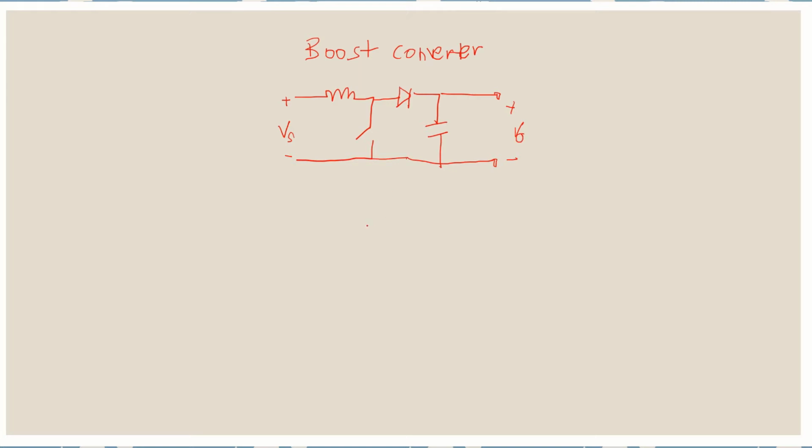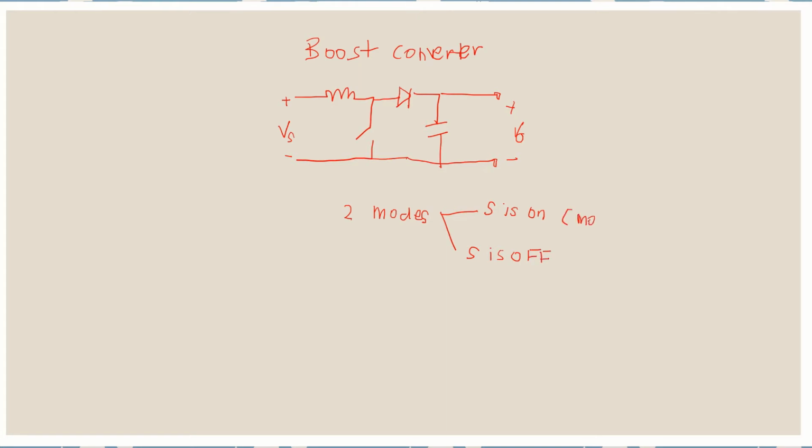In the boost converter, you have two modes. This depends on these two modes. When the switch is on, that's the first mode, and when the switch is off, that's the second mode.